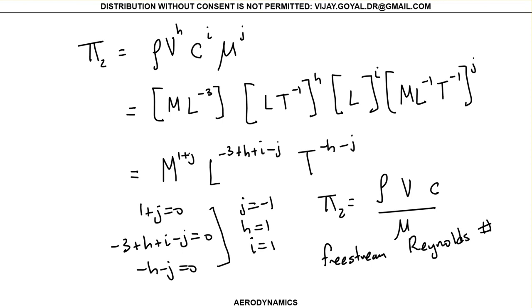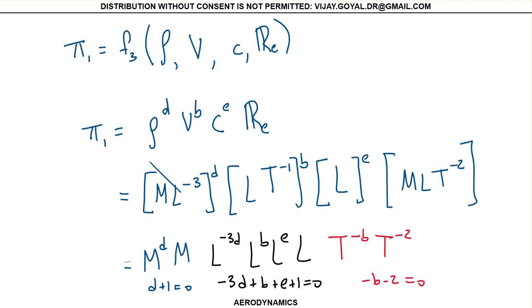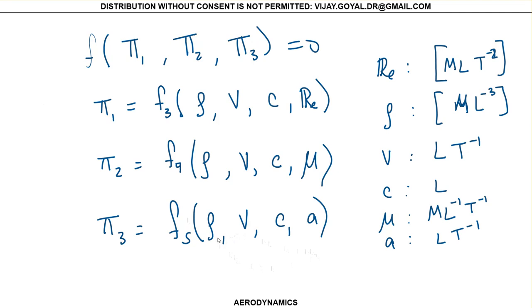So the next one that we want to use is pi 3. Pi 3 we said was b, rho, c, and a, to the k, r, s. This comes back to this equation right here.